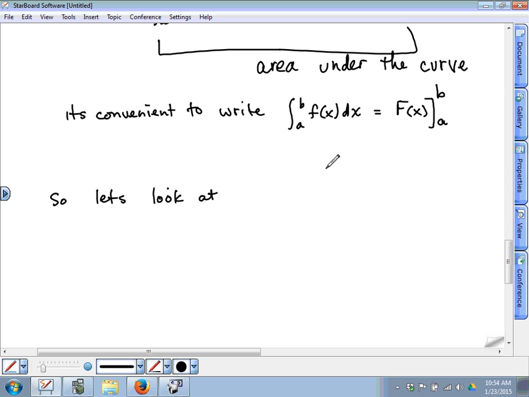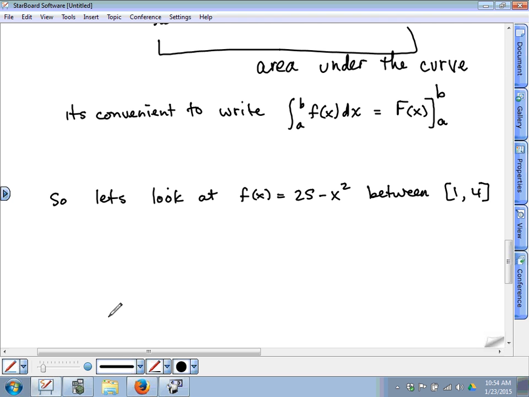I can't remember what that equation was we did at the beginning of class. It was f of x equals 25 minus x squared between 1 and 4. Let's take a look at this problem again.